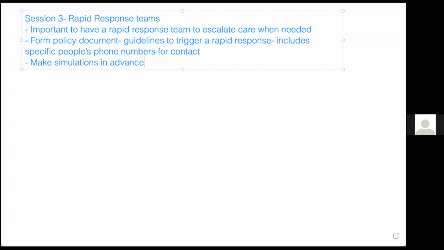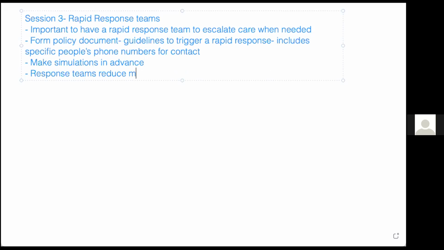Okay, well done, Gideon Chongo. I think you've touched on most of the items that we actually discussed. I just want to quickly mention that in institutions where rapid response teams have been very well established, they've really been shown to reduce mortalities and improve patient outcomes.